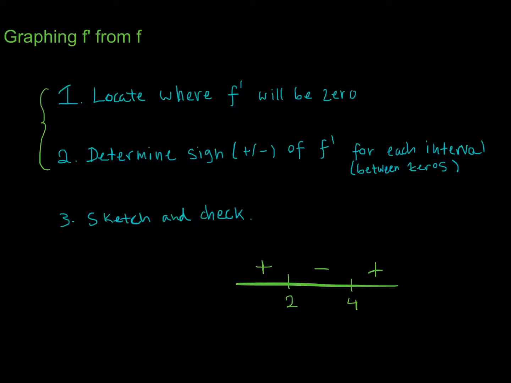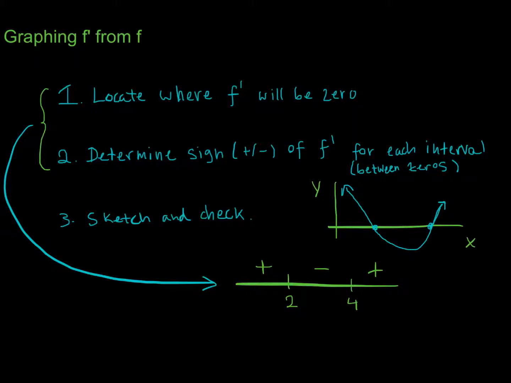So when you go to graph this function, the derivative will be 0 at 2, it will be 0 at 4, it's positive, and it will look something like that. So this is a sign chart, and you can begin making these for these problems. We're going to make lots of sign charts. They're very helpful, and they help you organize your work.